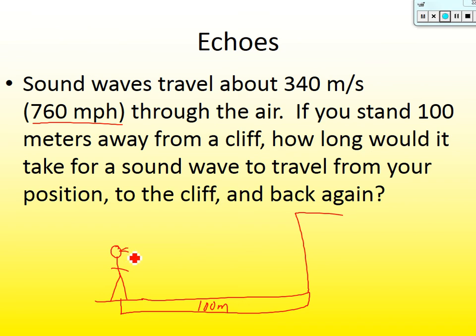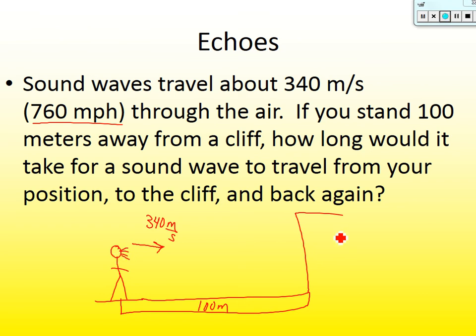If you shout, so here's your shout, it's going to travel at what speed? 340 meters per second. Now, in order for you to hear the echo, what do these sound waves got to do? Well, they got to go here, and then they're going to be reflected off that cliff, and come back to your ears.